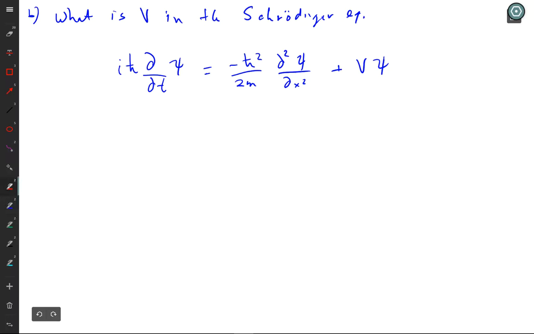So all we have to do now is put in our Schrodinger equation. You know what I'm going to do? I'm going to continue to use A, because A is much shorter to write than the stuff we just found.